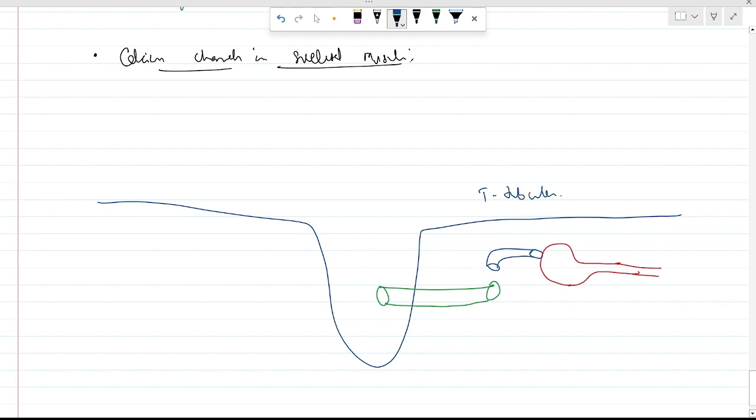This green part we have drawn here, this is our DHPR, dihydropyridine receptor. What is this blue one? This blue one is a very important part. This is our RYR.